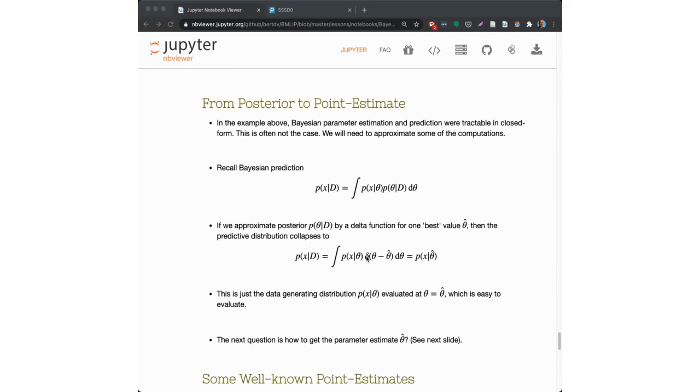So if I do that, then I can execute this integral, right? Because this integral is really just this data generating function evaluated at theta hat. So I just evaluate my data generating model that I've proposed myself at theta hat.